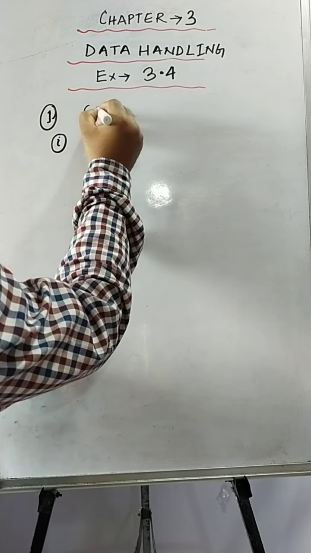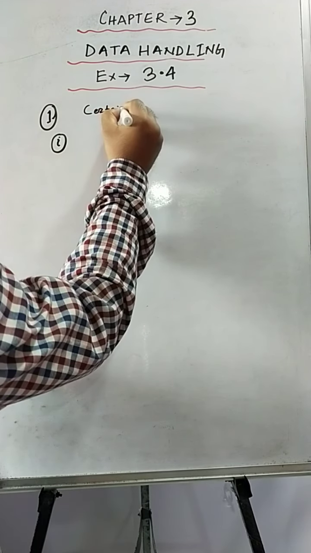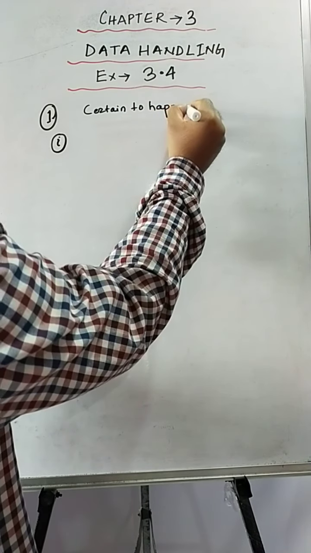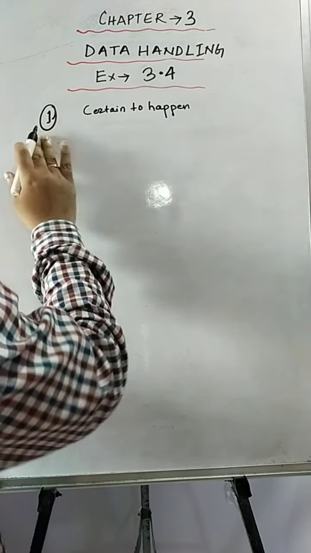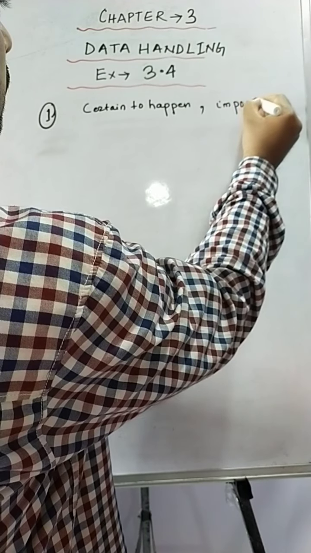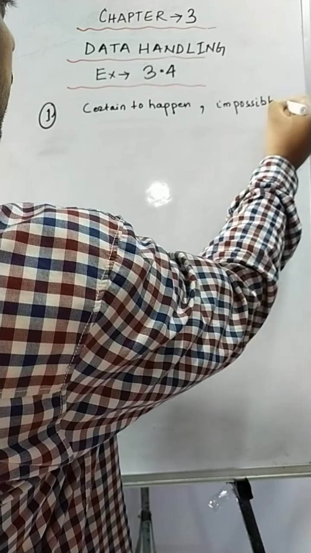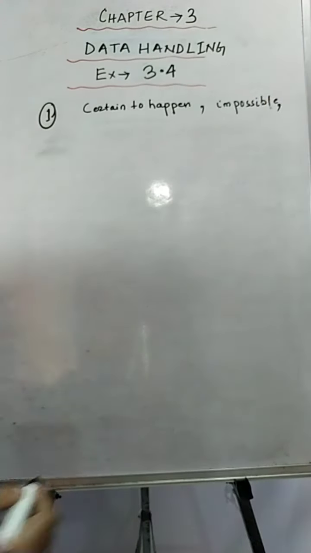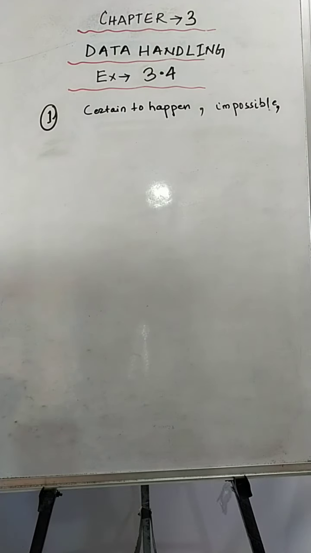Certain to happen. This is the first option they have given. Another one they have given is impossible, and the third option is can happen but not certain.